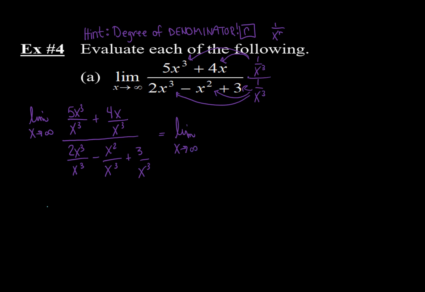So for my first one, here I've got 5x cubed over x cubed. That's going to simplify into 5. Next, I'm going to simplify this one. 4x over x cubed is going to give me 4 over x squared. And then I'm going to simplify the denominator next. So I'm going to end up with 2.